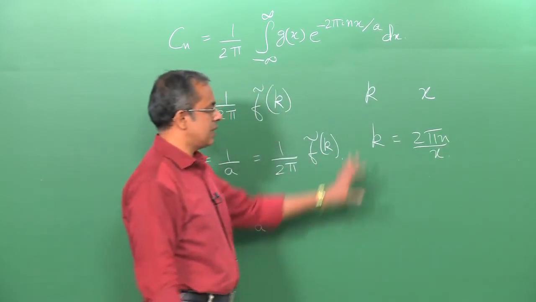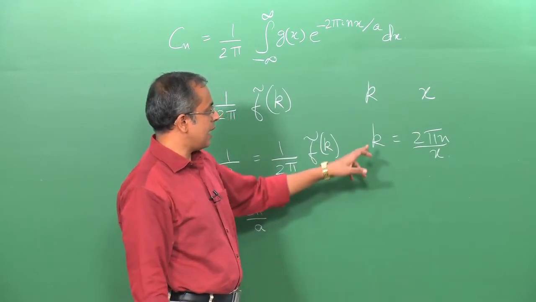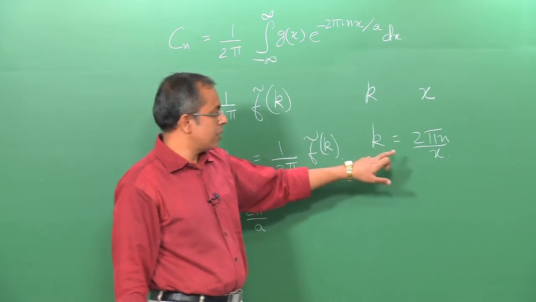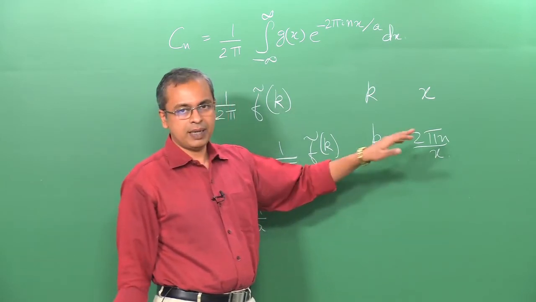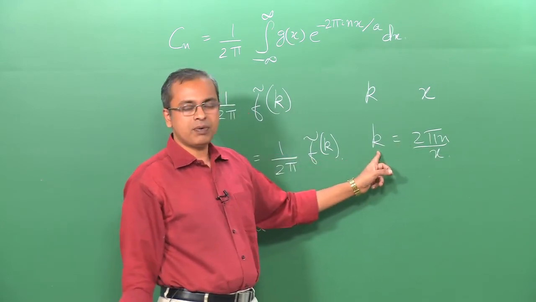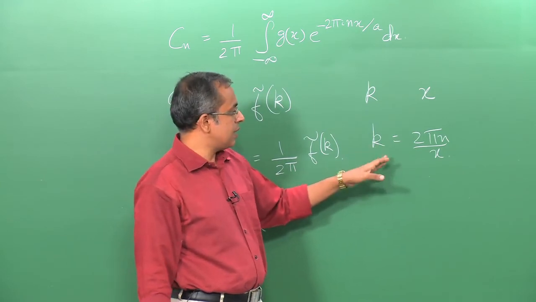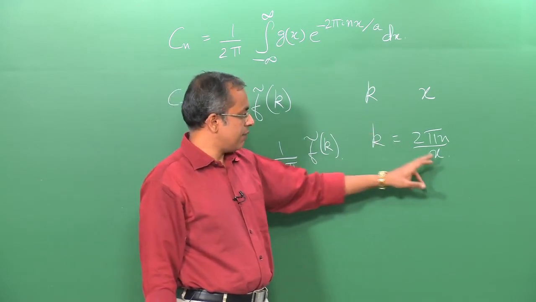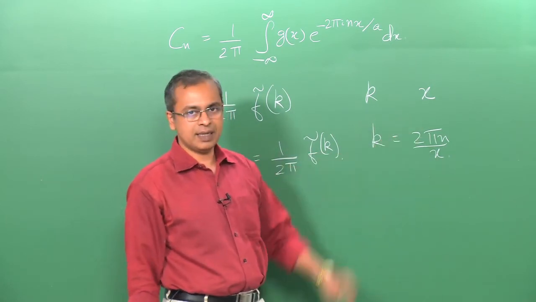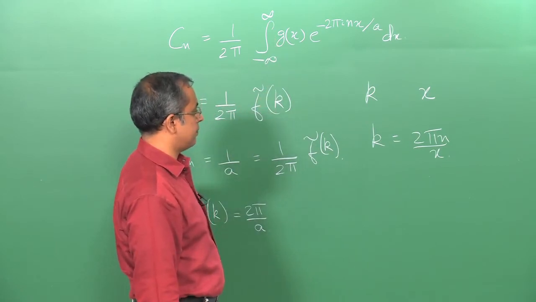So, for example, if time is the variable x, then the k variable works out to be the angular frequency, 2 pi over t, and similarly if you have wavelength as x, you will get wave number. So, you have an inverse relationship between these variables.